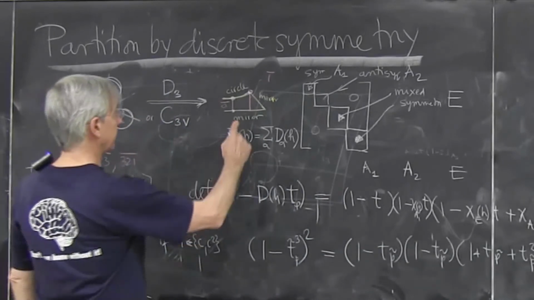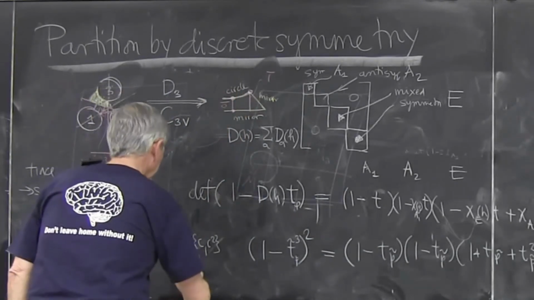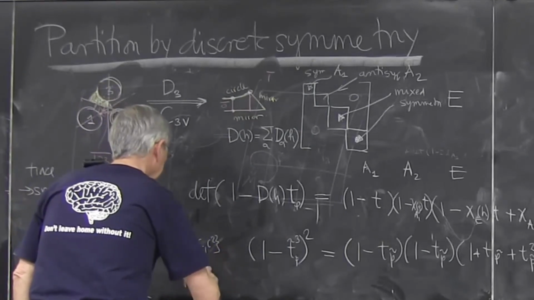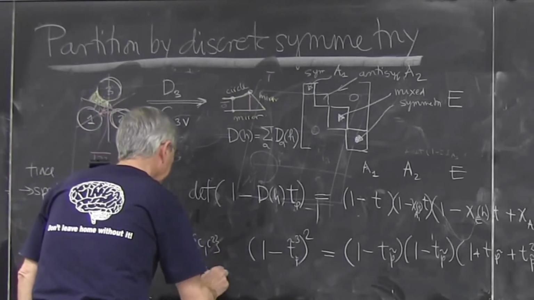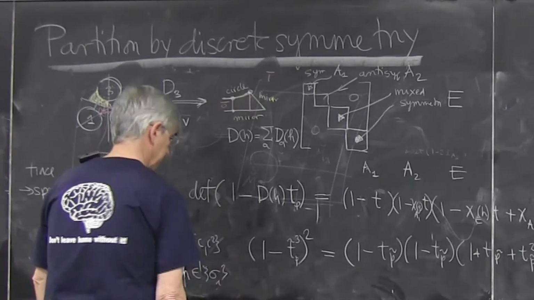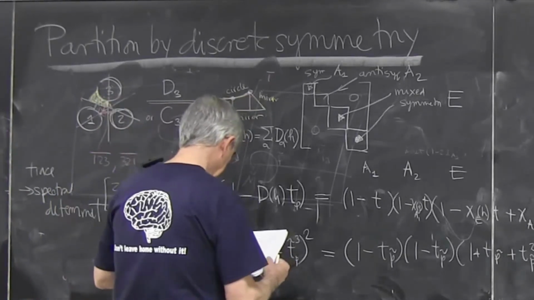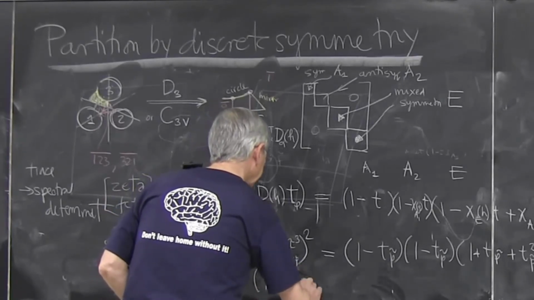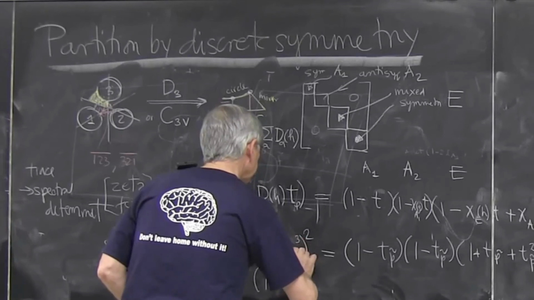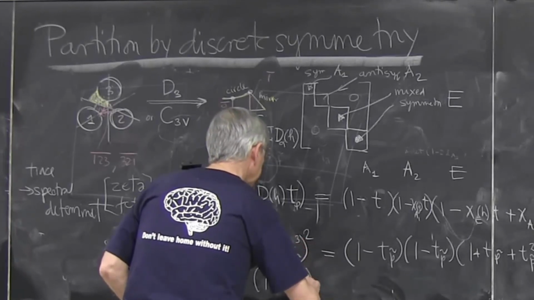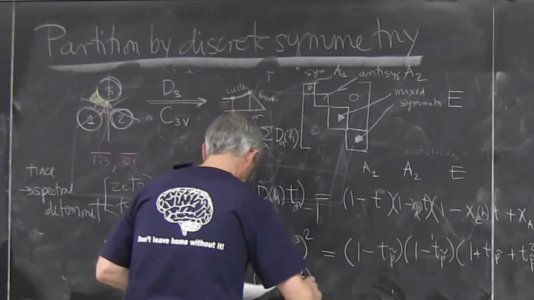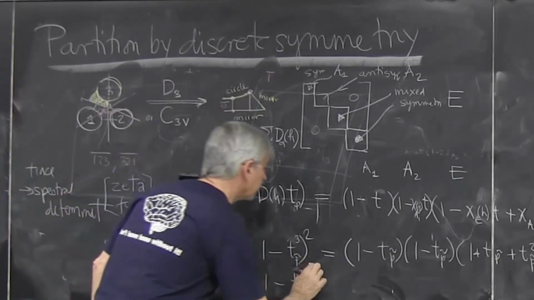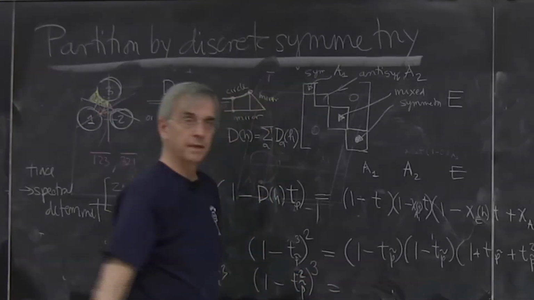If I look at this one here, if H is one of the reflections, sigma I, then I'll find on the left-hand side 1 minus P tilde squared. But I have 3 of them, so to the Q power in my cycle.